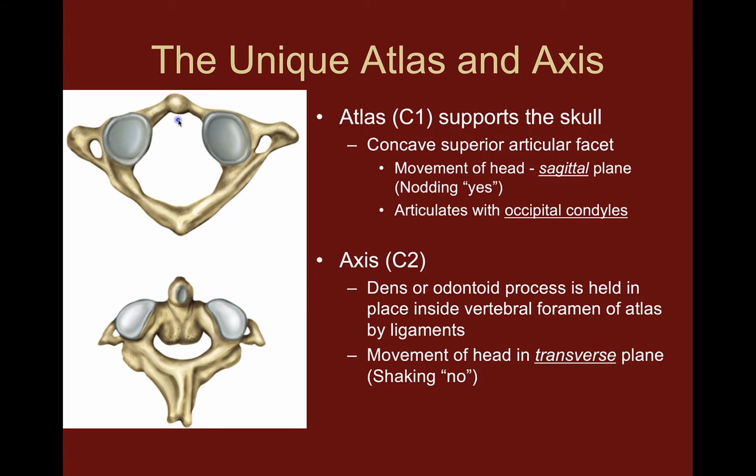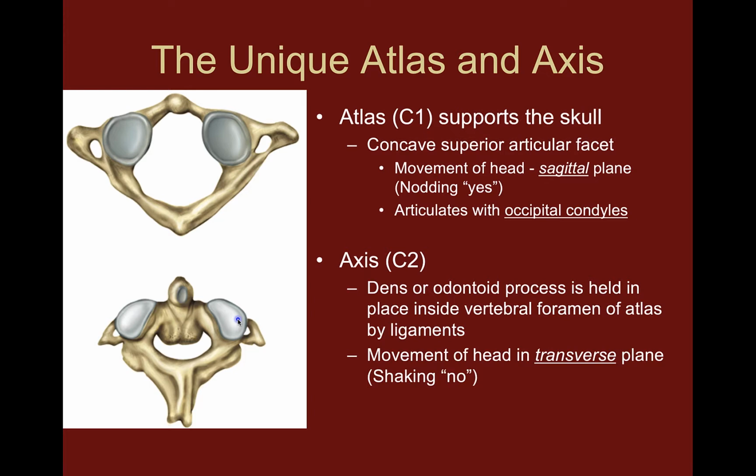It's held in place by some ligaments, and it allows for the inferior articular process of the atlas to slide over these superior articular facets found on the dens, and it rotates around the dens and the odontoid process. And this allows us to shake our heads no.